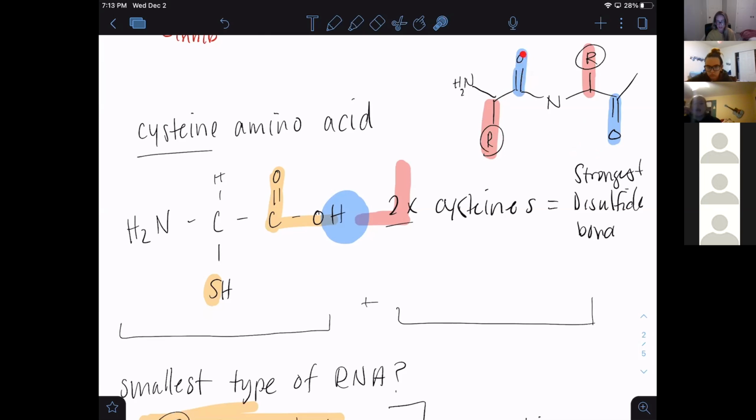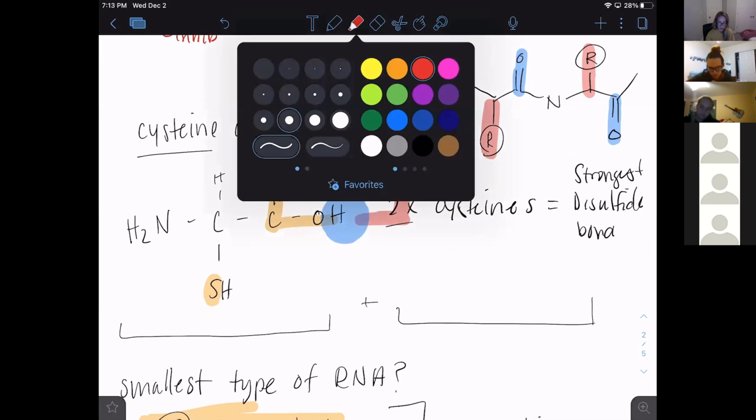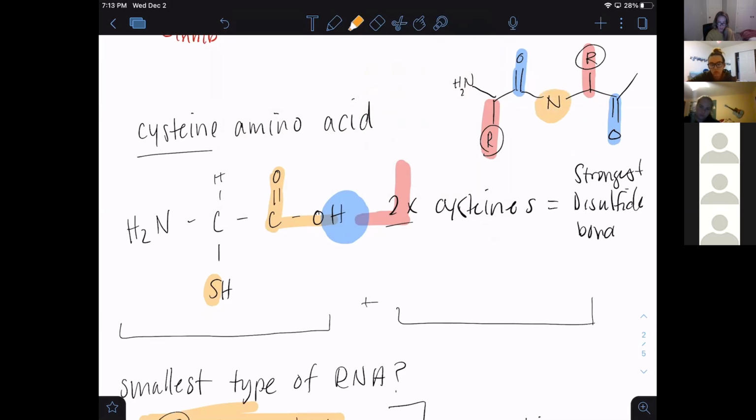So I always like to view my double bonded O's on opposites, and then my R groups opposites. But the big takeaway is what's being bonded in between, and that's this right here, because we know that we lose water. Okay, awesome.